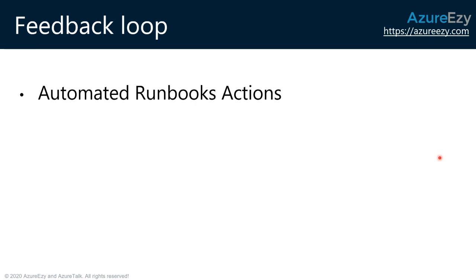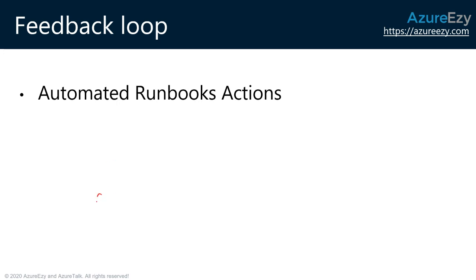Talking about the feedback loop. We have been talking about the feedback loop, and let me talk about it again. We have already discussed why we need a continuous monitoring solution. When you look at CI and CD, which is a famous term, whenever you talk about DevOps, you talk about CI and CD.